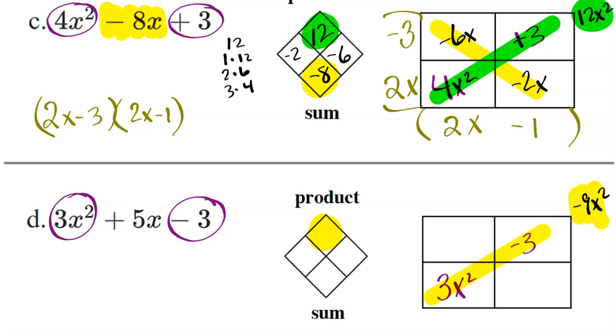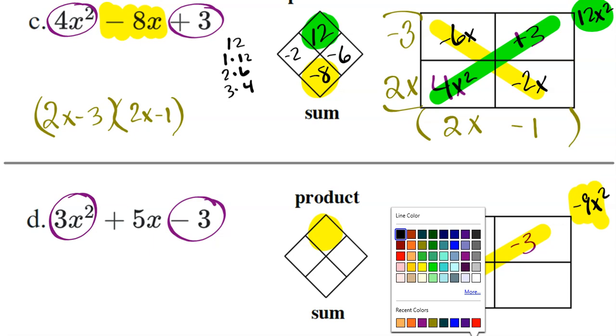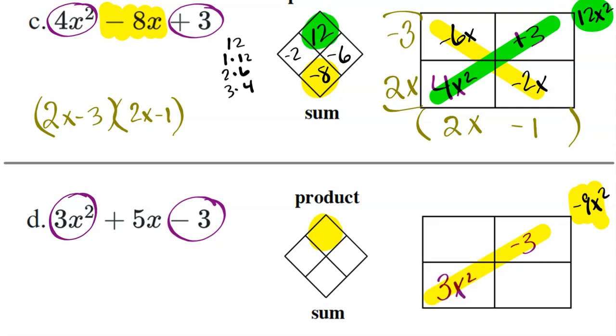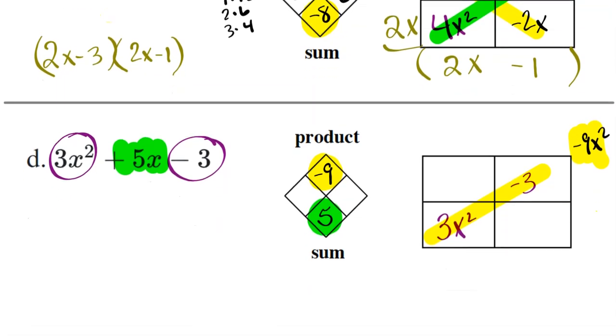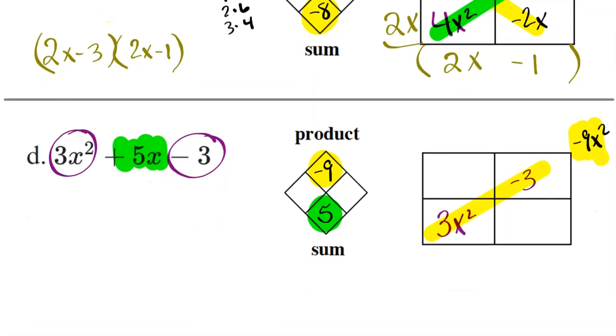And so then we know that the middle term has to go here. So we've got negative 9, and then we got 5. So what are the factors of 9 that will somehow work out to be 5? If we go 9, we have 1 times 9, and 3 times 3, and that's it.